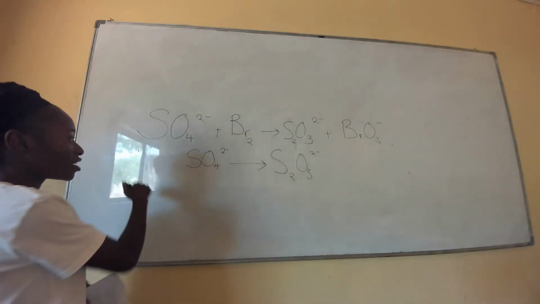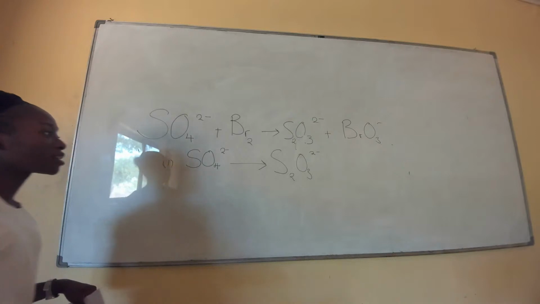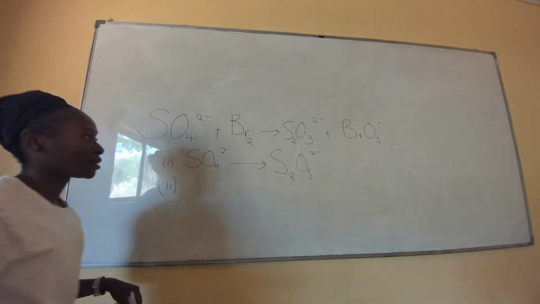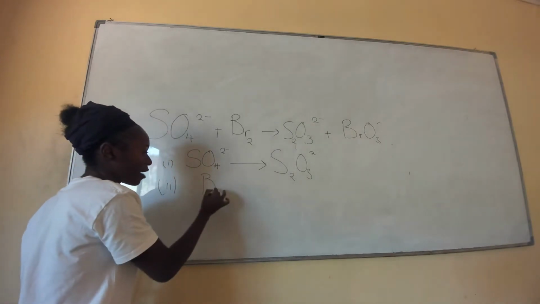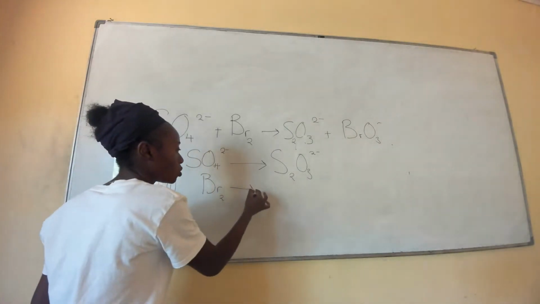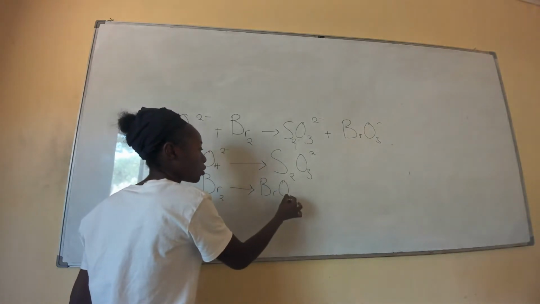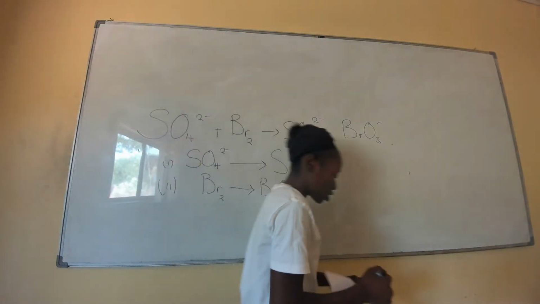And our second reaction is bromine, Br2, which would then produce BrO3 minus.